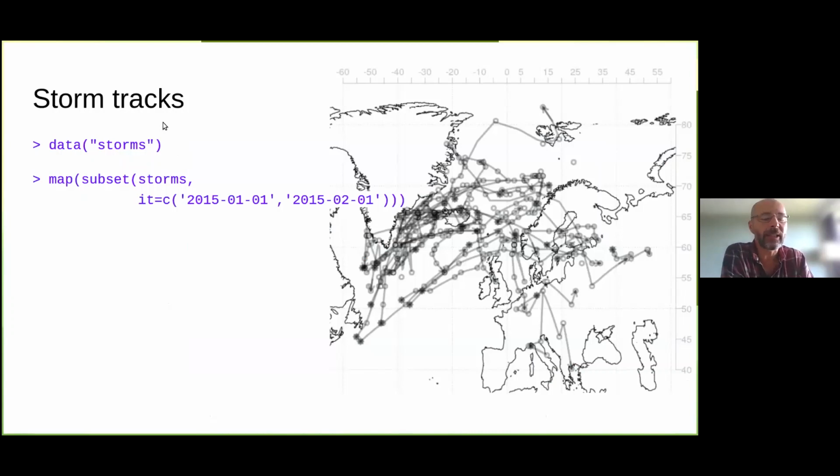Another type of data is actually in the R package itself. We can get the data that come with the esd package by using the command data, and we want the storms, and then we say, okay, we want to make a map of a subset of storms.